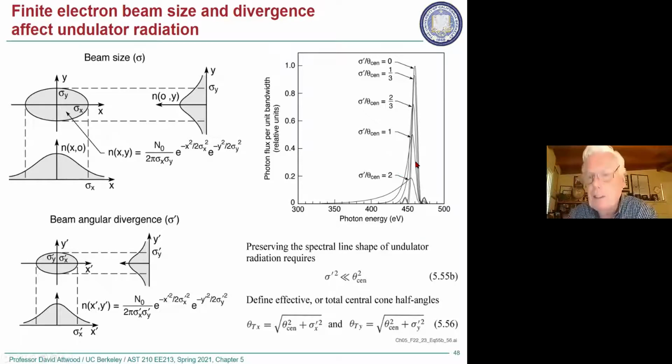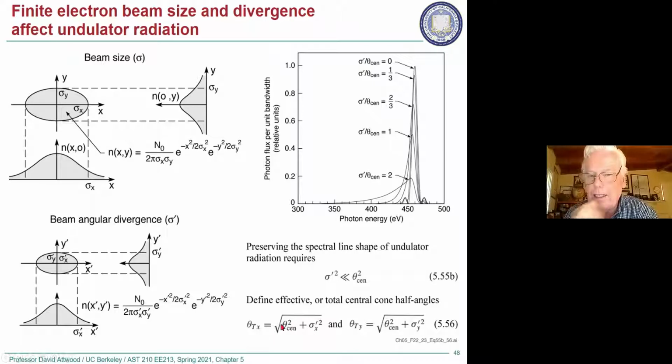Oh yeah, and I want to tell you about these. I started to mention it before, but for instance, when we look at the beam size, we didn't do it here. Well, sometimes for both beam size and divergence, we'll say that there's a total angle. There's a combination of the central radiation cone, but also the divergence of the different electrons is spreading that cone out.